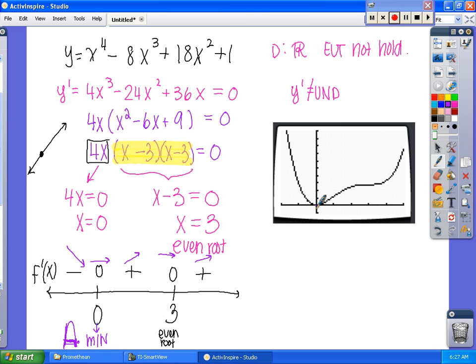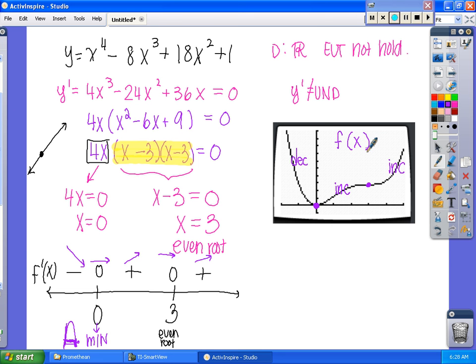And what happened at x equal to 3 is it flattened and then kept increasing. So you can tell that the negative in my sign chart tells me that the function decreases. The positive tells me that my function increases, and the positive again tells me that my function increases. This is the graph of the function and not the derivative.